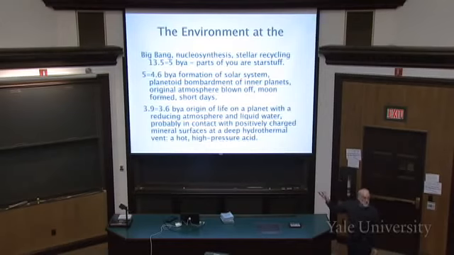The temperature has fallen to where liquid water can exist on the surface of the planet. And life probably originates on a positively charged mineral surface. And it seems now likely that it was probably at a deep hydrothermal vent. So there was a hot, high-pressure acid.